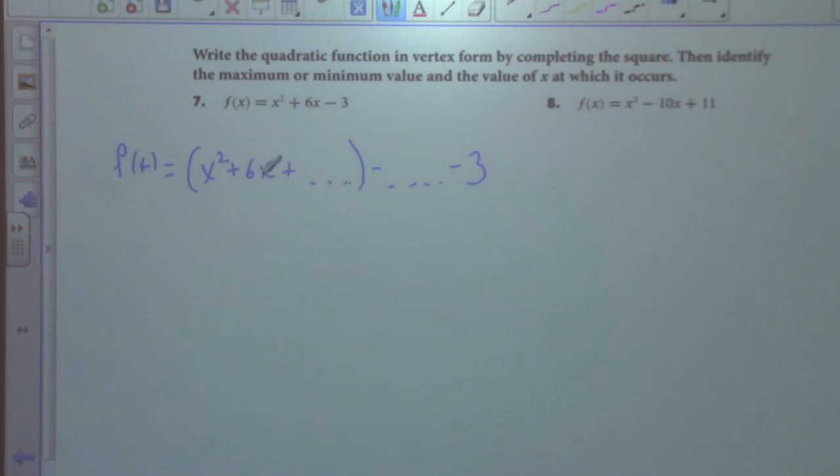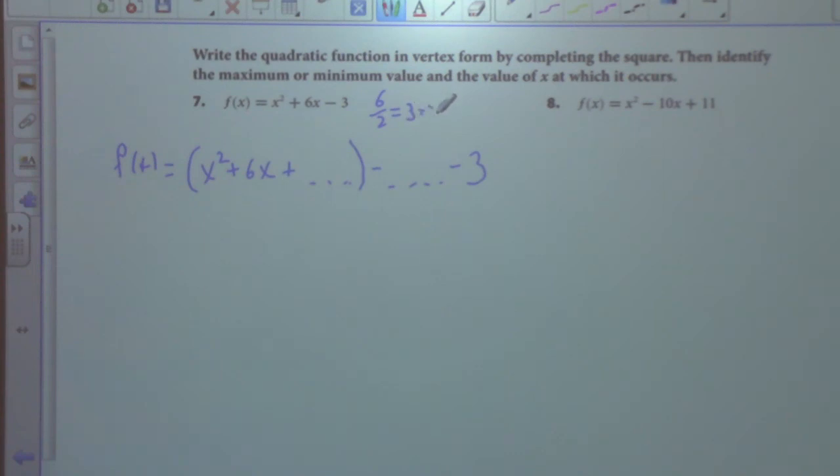And so how am I going to figure out what number goes here to make the perfect square? Times 6, you said? Okay, what do we have to do first to that 6? We have to divide that 6 by 2. So 6 divided by 2 is 3.